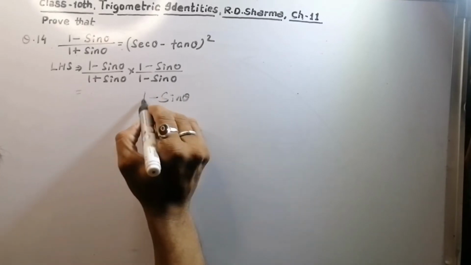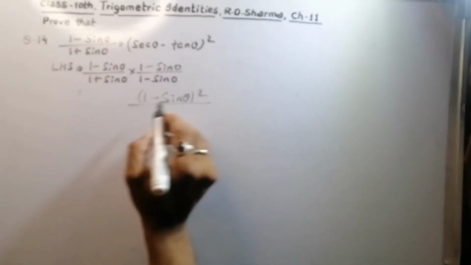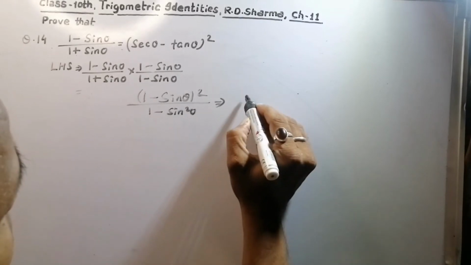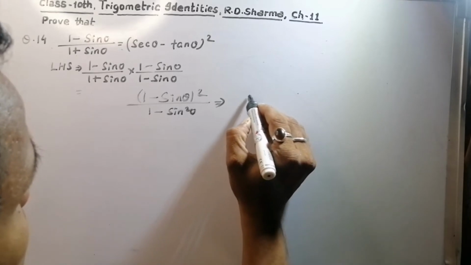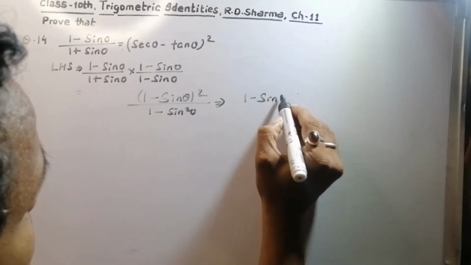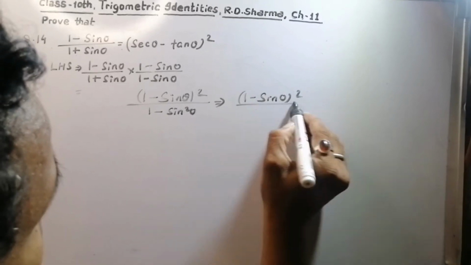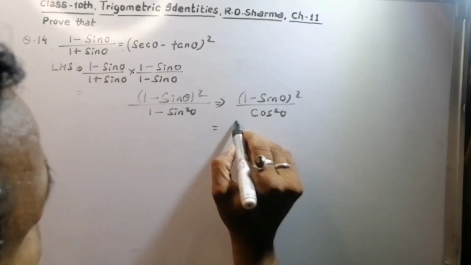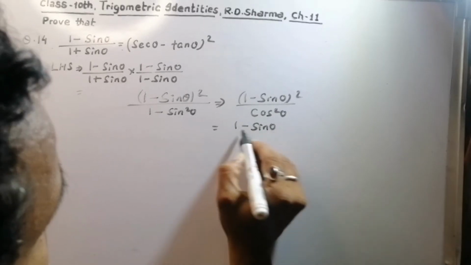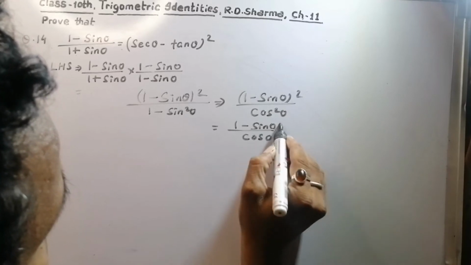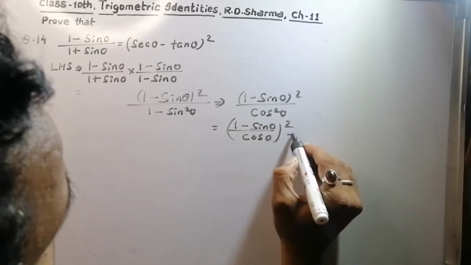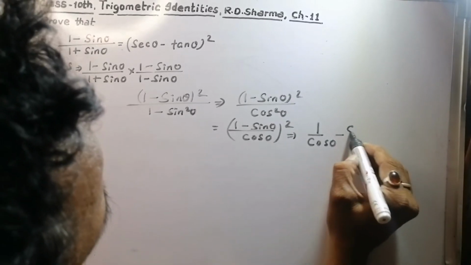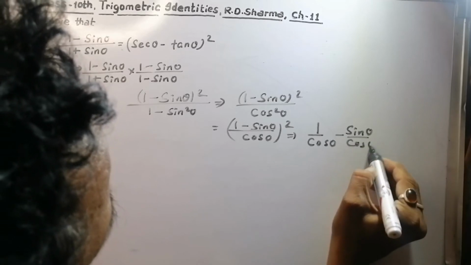So we can write here (1 minus sin theta) whole square upon 1 minus sin square theta, which is (1 minus sin theta) whole square upon cos square theta. So we can now write (1 minus sin theta upon cos theta) whole square.